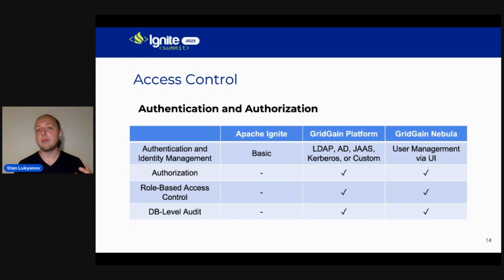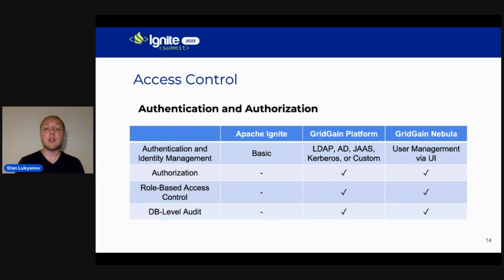So most of you manage your users through things like Active Directory, or maybe you use something like Kerberos for single sign-on, or maybe you use some of the cloud tools such as identity account management on AWS. So GridGain platform allows you to integrate with any of these tools.